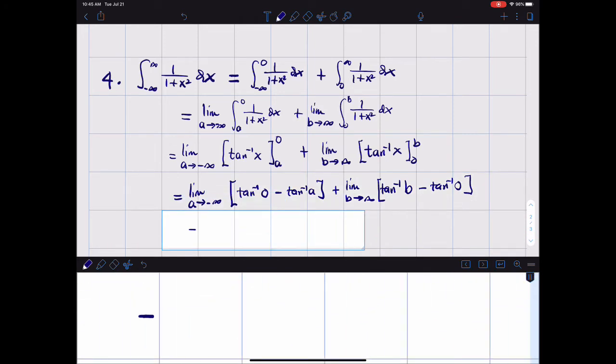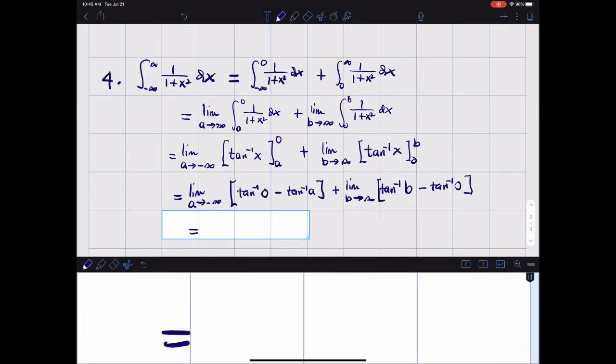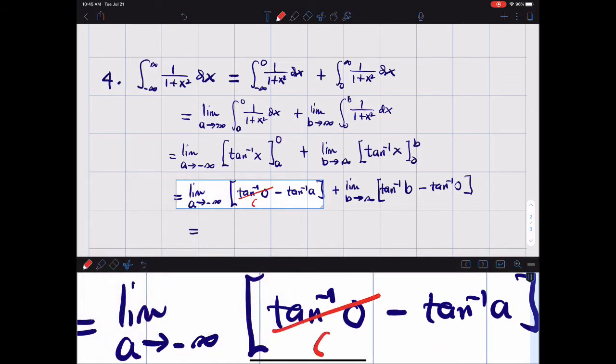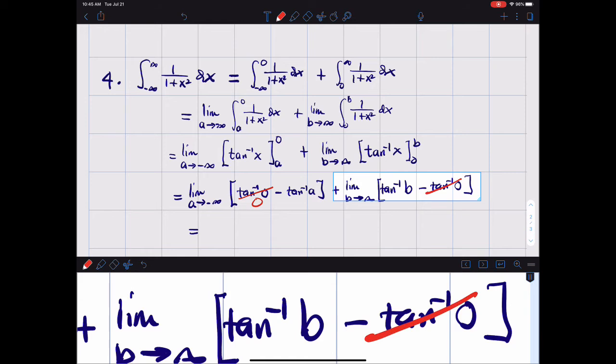So here we're just dealing with the limit as a goes to negative infinity, because this is 0, this is 0, and this is 0.